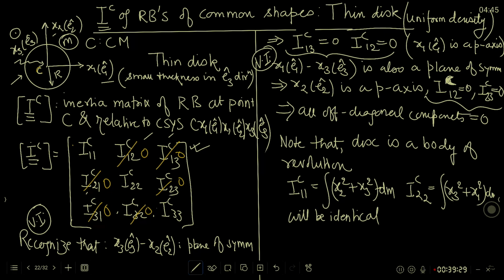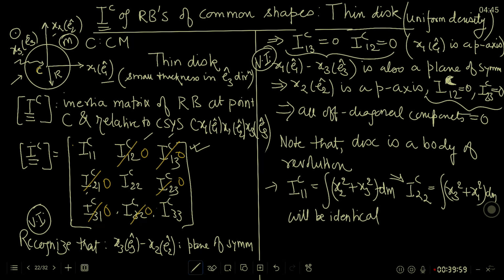This is actually true for any body of revolution. Any body of revolution, these things will be true. There is really nothing special about the x1 e1 axis and the x2 e2 axis. The distribution of mass on the body is identical.